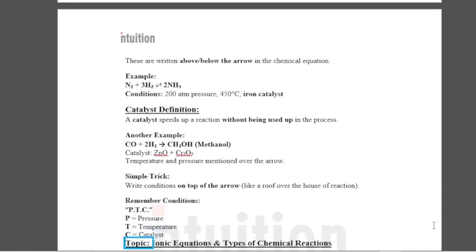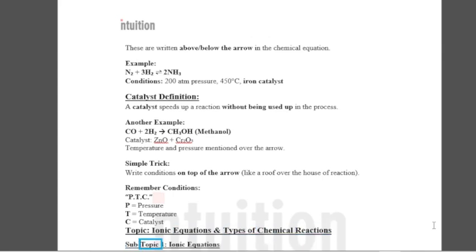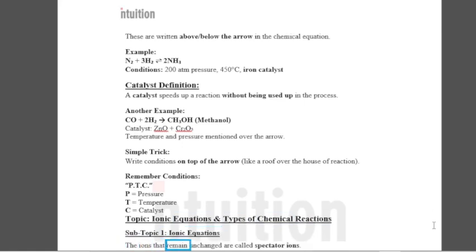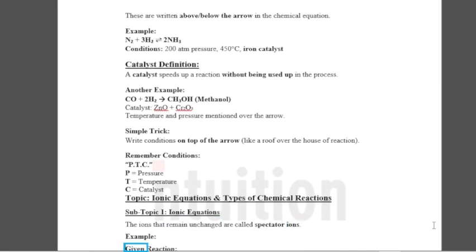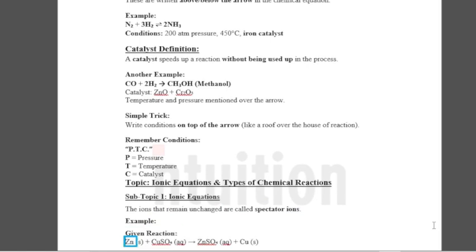Topic: Ionic equations and types of chemical reactions. Subtopic 1: Ionic equations. The ions that remain unchanged are called spectator ions. Example: given reaction, Zn plus CuSO4 gives ZnSO4 plus Cu.